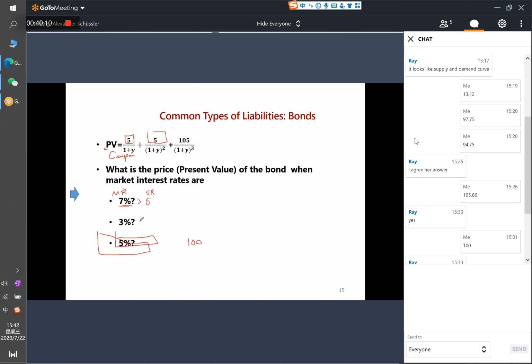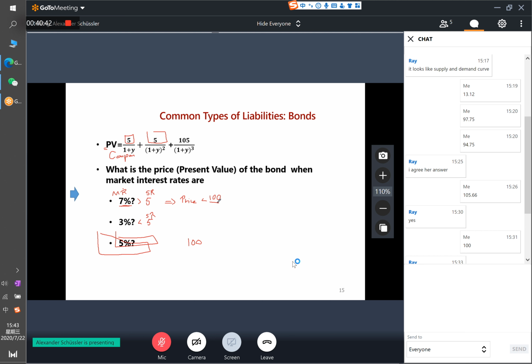And here it is lower than the stated rate. And what follows is the price is lower than 100. Liang has calculated the price, and I think it was 94 or something. Lower than 100.